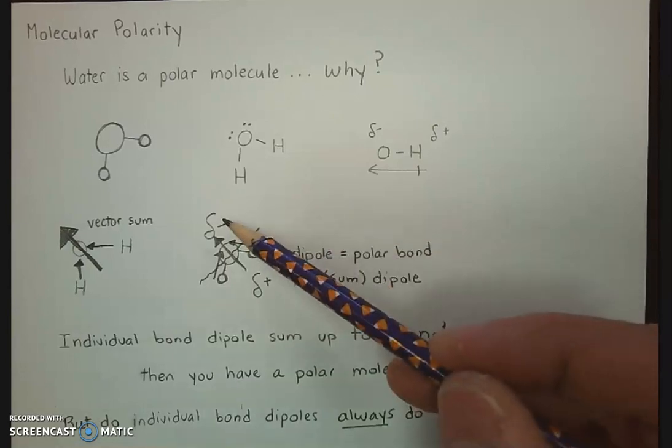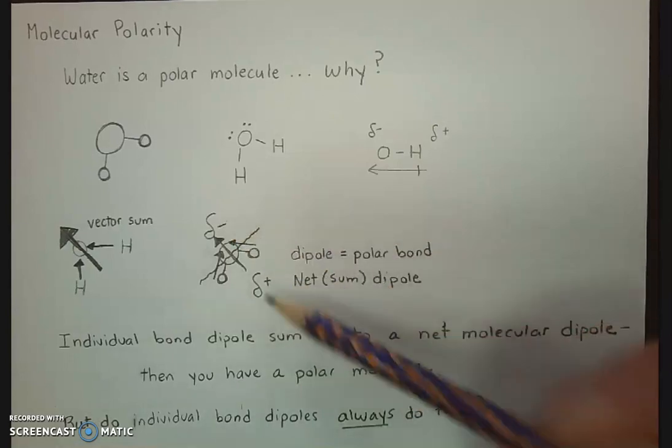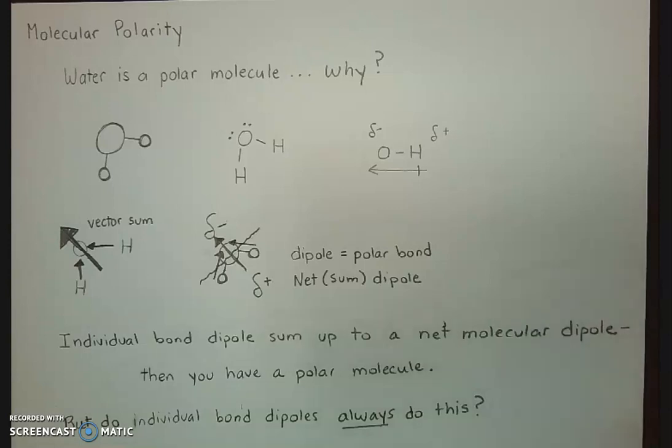These overall partial negatives and positives are what we refer to as the molecular dipoles, or the molecular polarity. Molecular polarity is the sum of the individual dipoles adding up to a net molecular dipole.